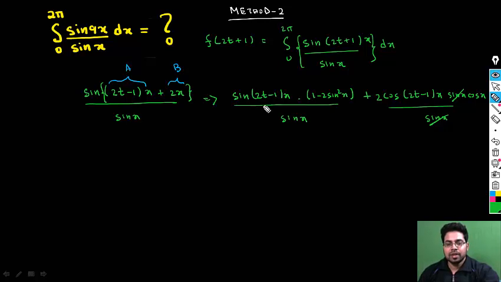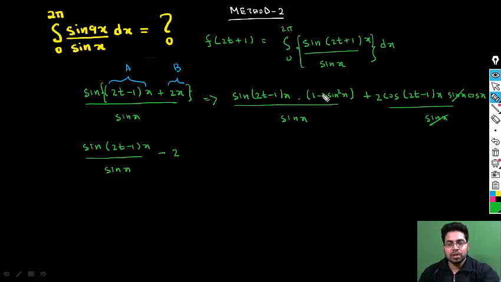Now, if I multiply this with this, I will get sine 2t minus 1 x into this 1 divided by sin x minus, this sin x will cancel this sin square x one time.